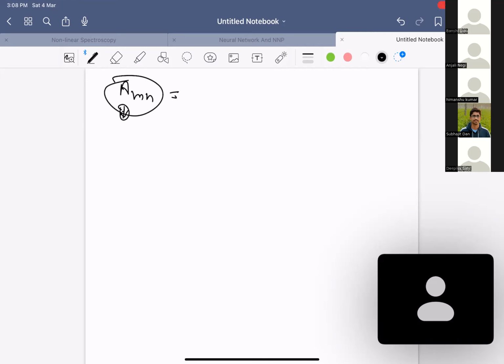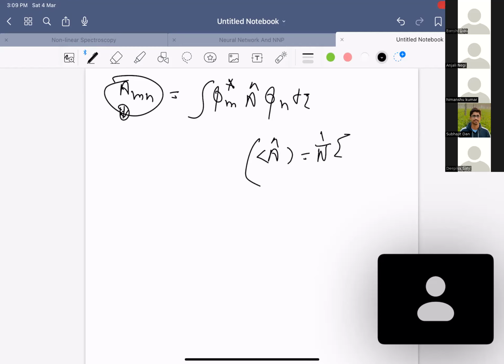We know this simple thing from our quantum mechanics knowledge, because the expectation value of any operator a is basically given by 1 by n, with k varying from 1 to n, of psi k star a psi k.